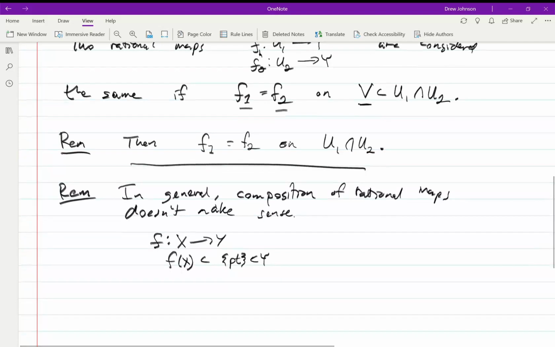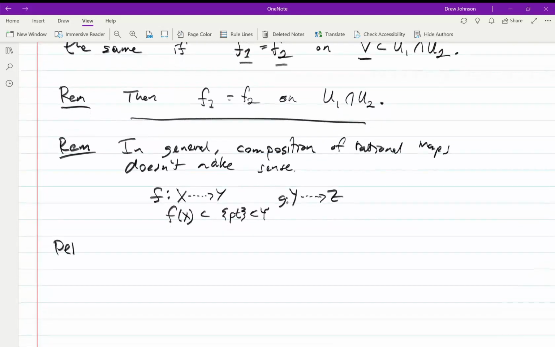And then what if you were trying to take a g from Y to Z, but you couldn't find any representative of g that included that point? Maybe all the representatives for g were open subsets that didn't contain this point, then there'd be no way to define the composition. I'm talking about rational maps here, so let me put some little dotted lines here. So composition doesn't work in general, but you can add an extra hypothesis to make it work.